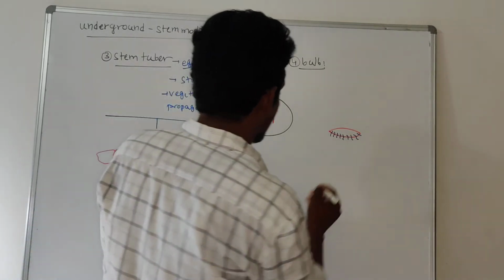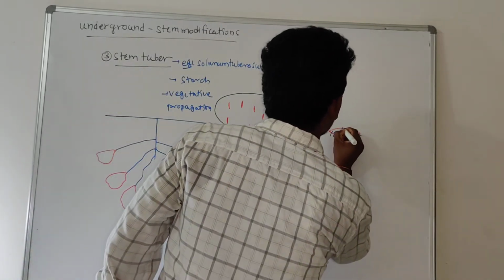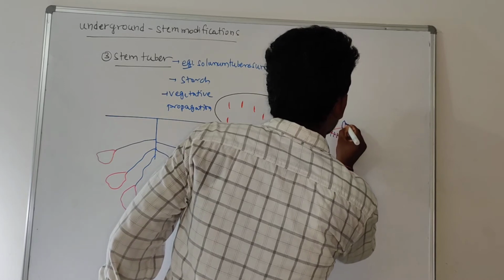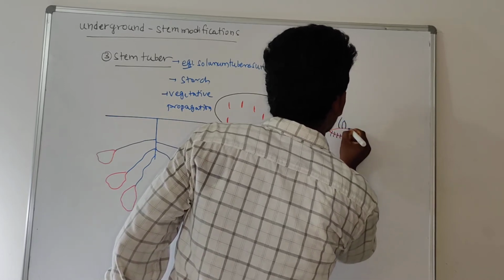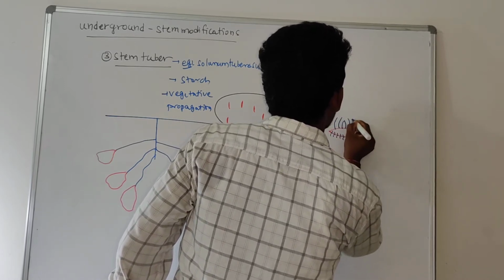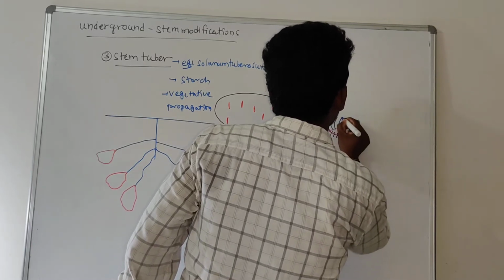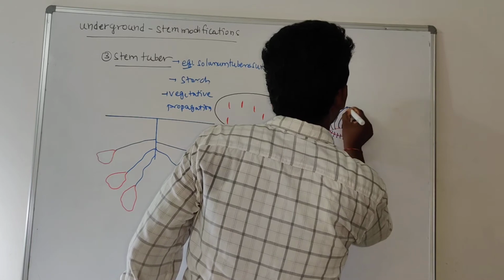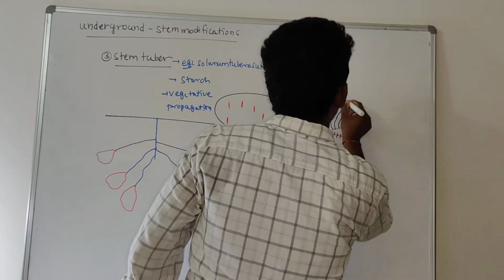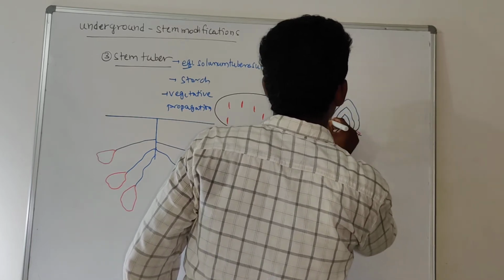Here it has an apical bud. What does the apical bud give? It will give a shoot.